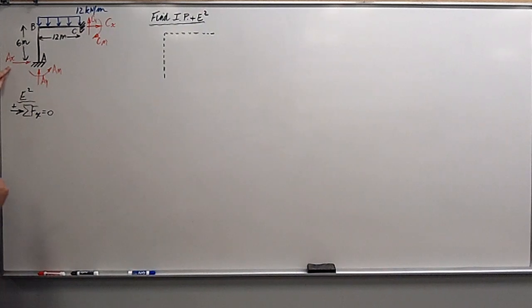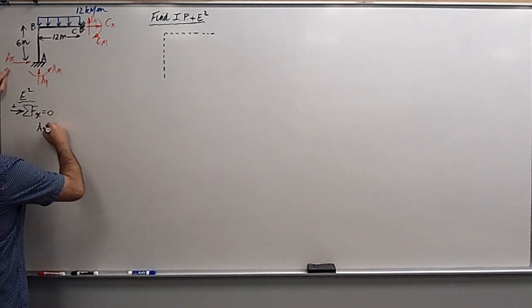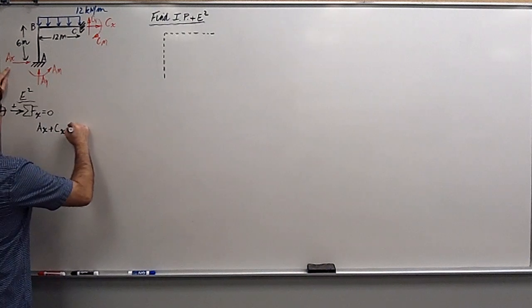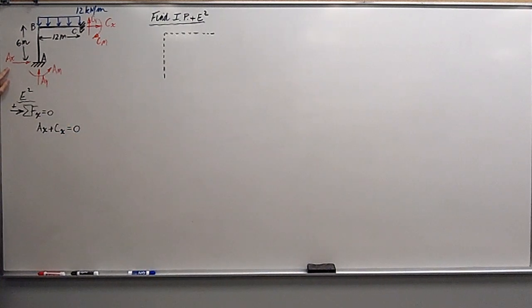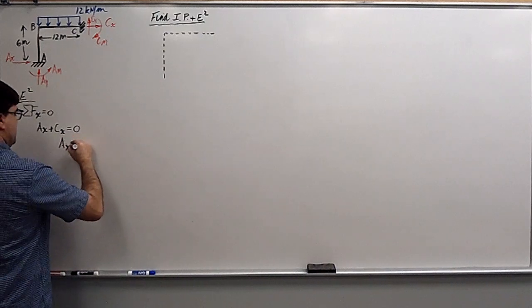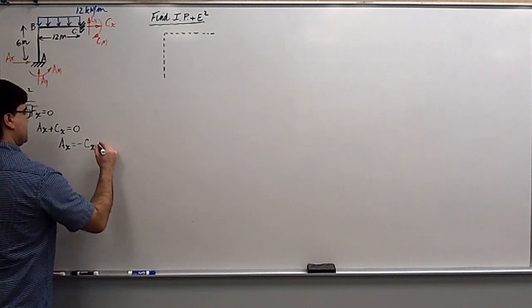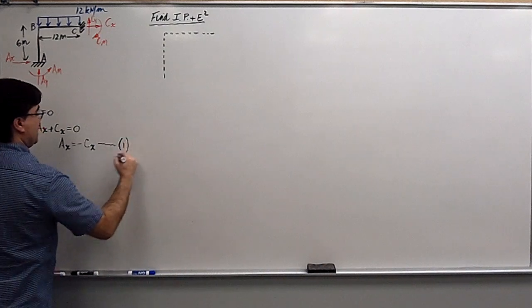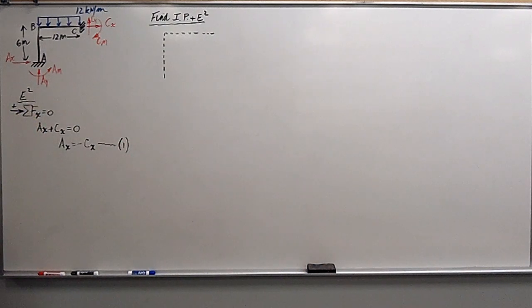In the x direction, I have AX, CX, and together they must add up to 0. Another way to say this is AX equals minus CX. I really can't do anything else with this, so I'm going to park that equation, call it equation number 1, and move on.